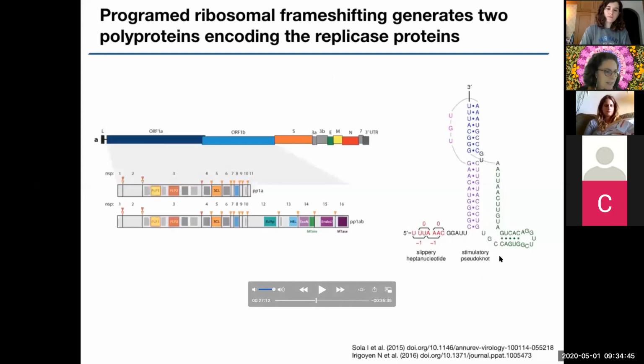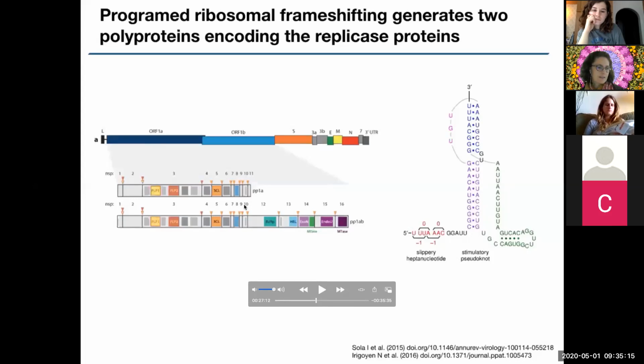And if the ribosome slips out of frame, how are the rest of the proteins translated correctly without having a frame shift mutation? So the idea is that all the proteins at this end, encoded by this end of the transcript, are encoded properly in the proper frame. There's then a stop codon. So if it doesn't slip, this part of the genome doesn't get translated at all.